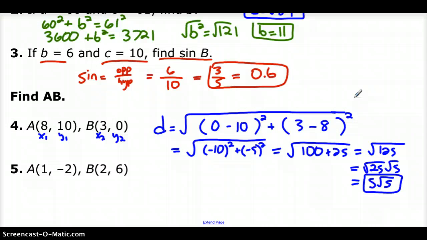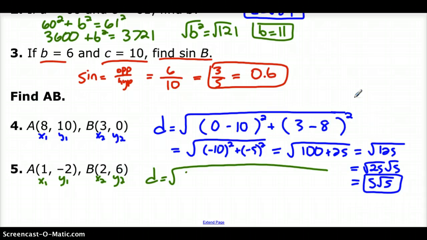In part 5, again we label these x1, y1, x2, and y2, and use our distance formula to find the distance between these 2 points. So this is now going to be 6 minus negative 2, squared, plus 2 minus negative 1, so 2 minus minus 1, squared.